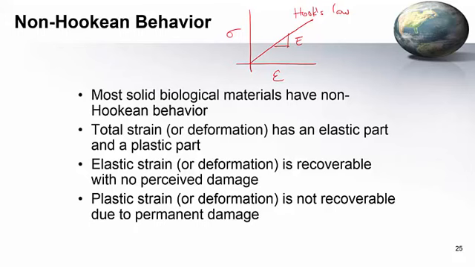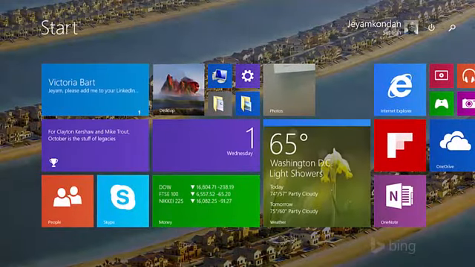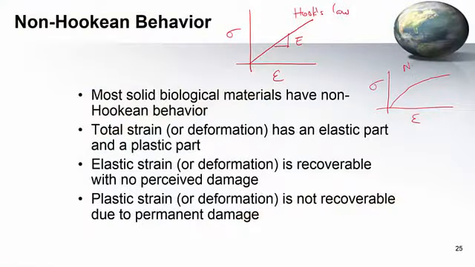So, suppose the material behaves like this, then this is a non-Hookean solid, this is non-Hookean, this is the Hookean solid. So most biological materials follow non-Hookean behavior.